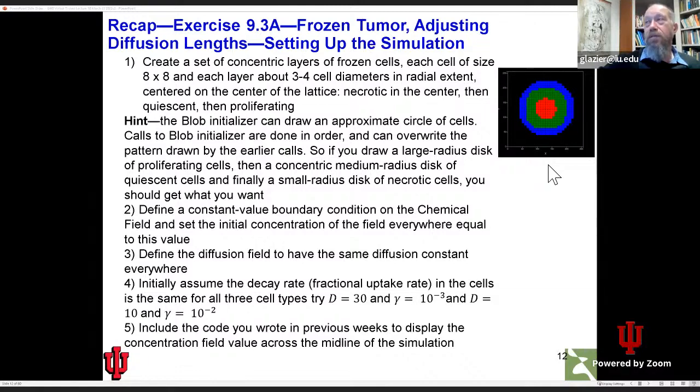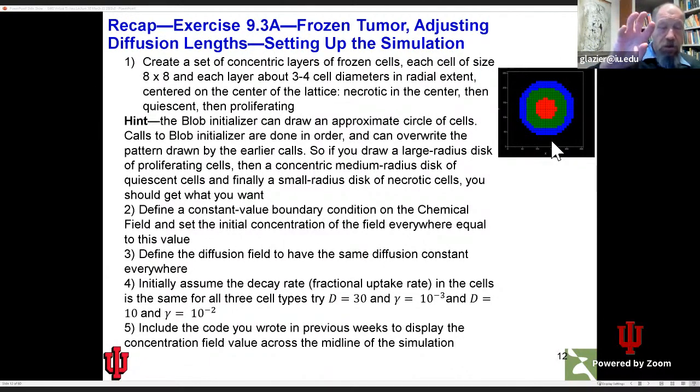And someone asked about how to do this, and this comes back to the way the initialization stepables are executed. In blob initializer, uniform initializer, they're executed sequentially in the order they are in the XML.